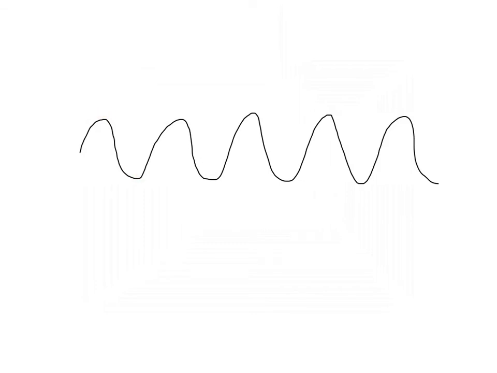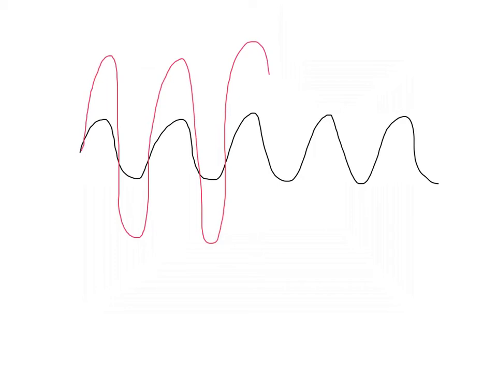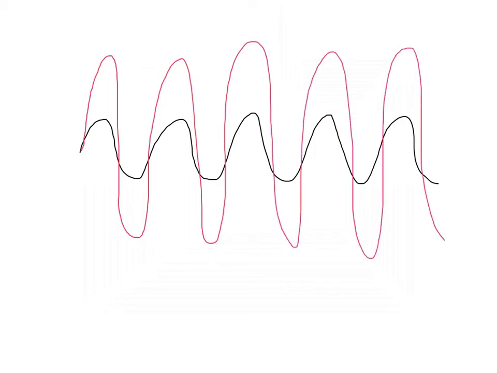But the amplitude is different, which means that the other wave is going to look something like this. Now, as you can see, the crests and the troughs are exactly at the same spot. It's just that these ones are much higher than these ones.